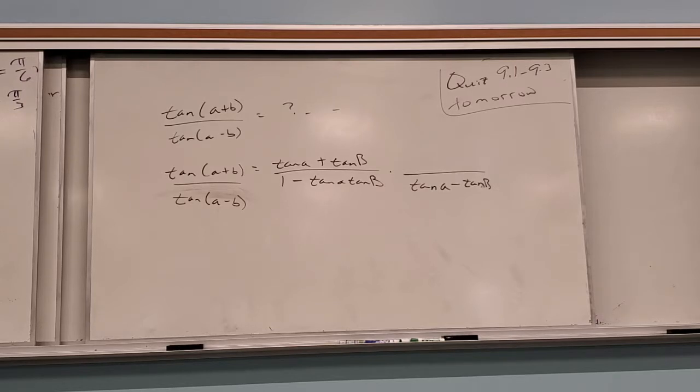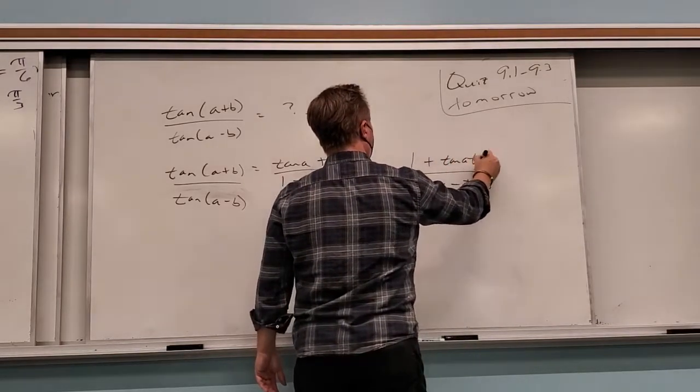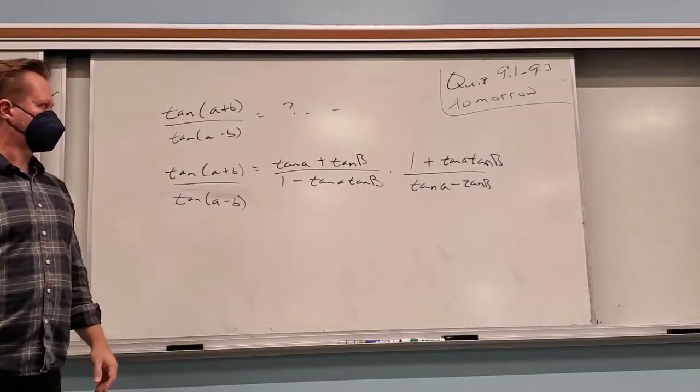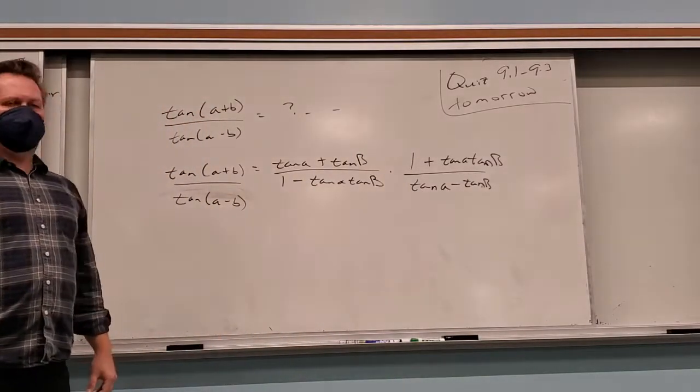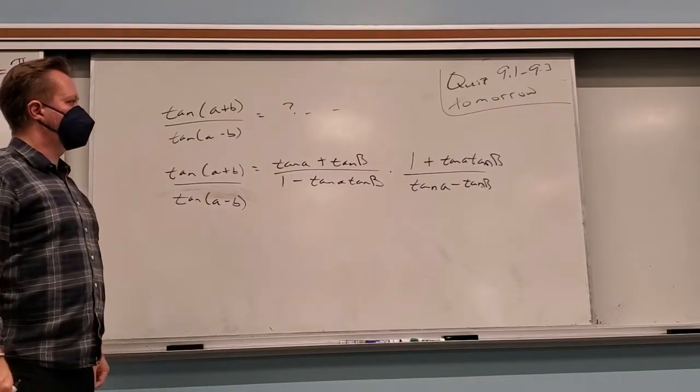That's it. So there'll be 1 plus tangent A, tangent B. And now you just have to figure out what can I do from here.